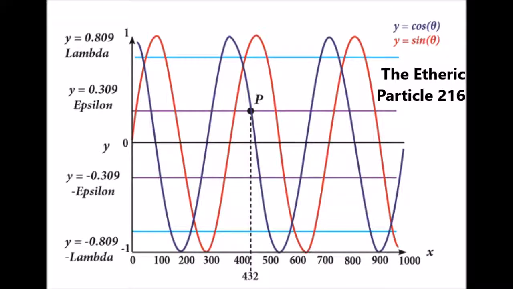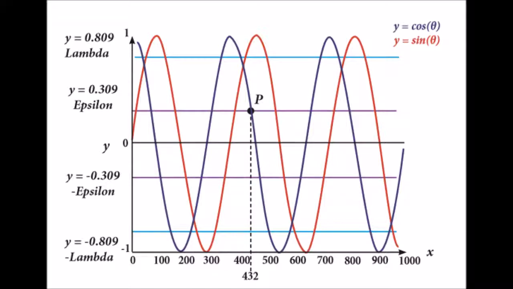Comes now a graph showing the plot of the trigonometric functions, cosine and sine. The values in degrees are on the horizontal axis, and the amplitude is on the vertical axis. There are 4 equations when considering the values of both plus and minus. The value 0.809 lambda in turquoise and the value 0.309 epsilon in purple.